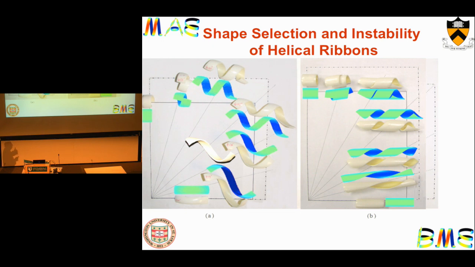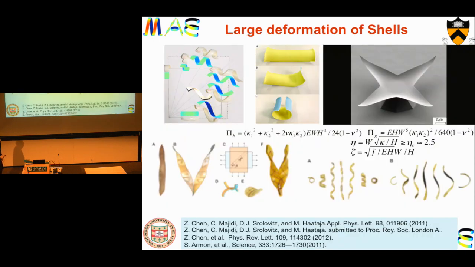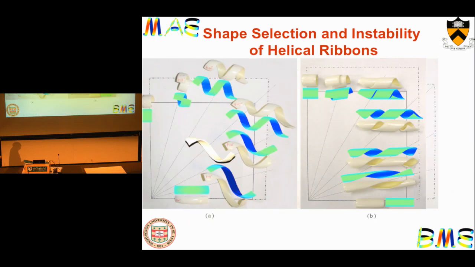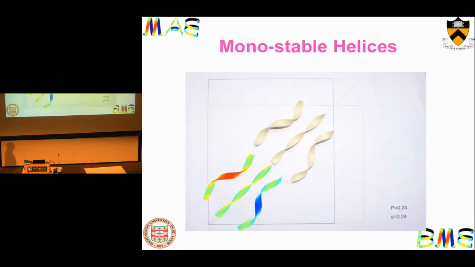And they all oriented along the direction where the driving force is bigger. And that's, again, dictated by the competition between bending and stretching energy. The system now prefers to stay in a nearly cylindrical shape, okay? And it's monostable.